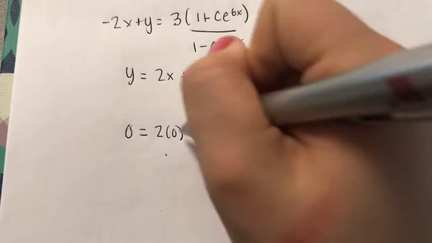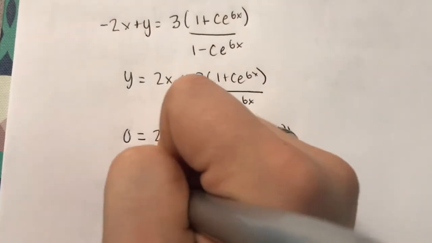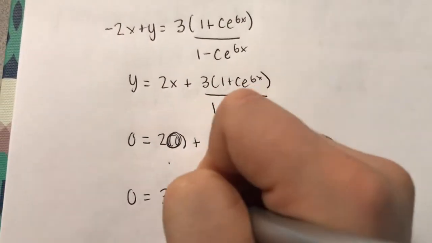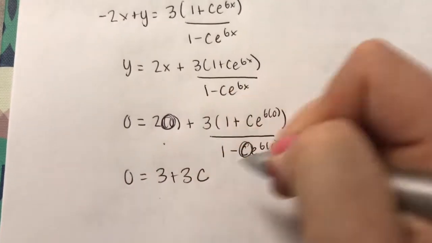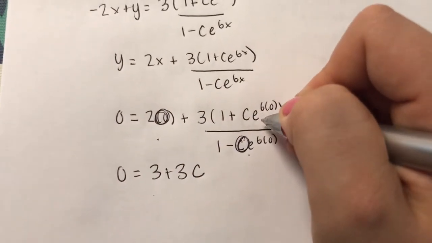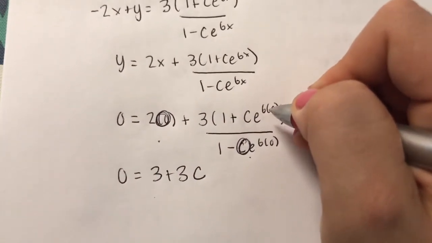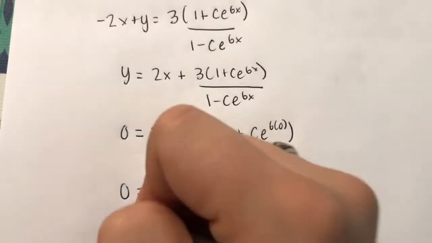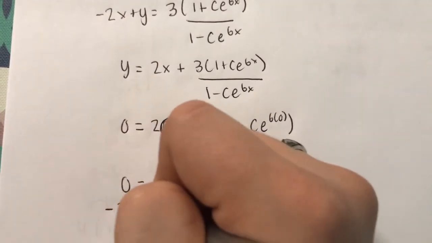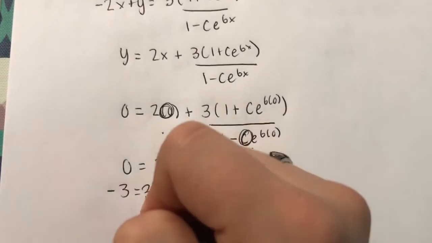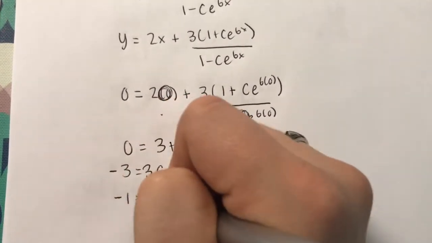So these terms are both 0. So I'm left with 0 equals 3 plus 3c, and I don't have the e anymore because e to the 0 is 1. So when I subtract by 3, I get negative 3 equals 3c. Divide by 3, I get negative 1 equals c.